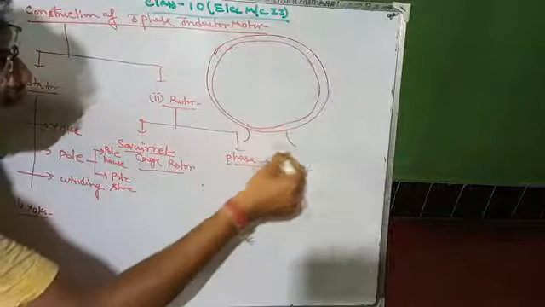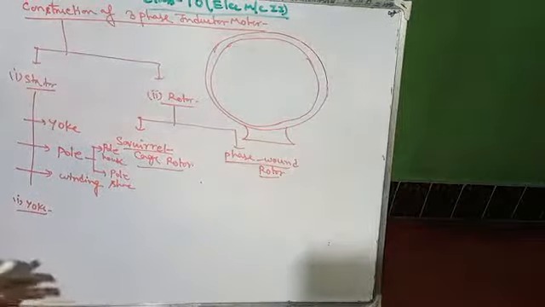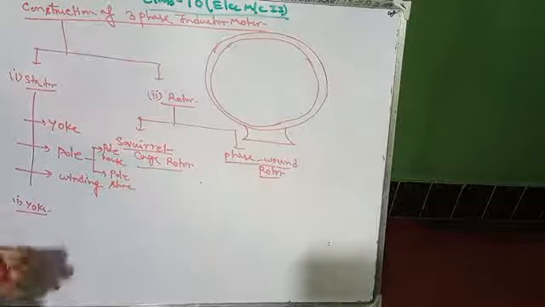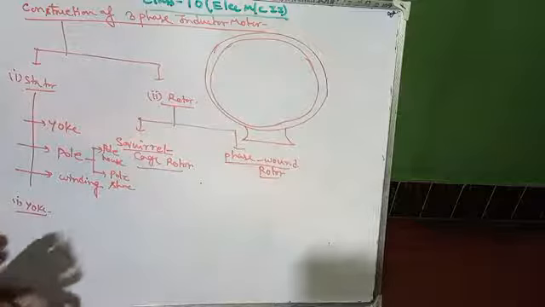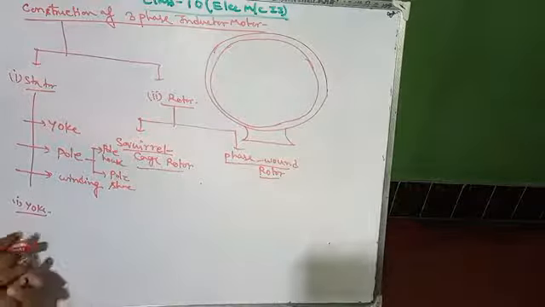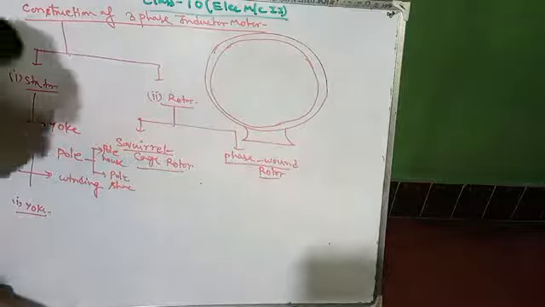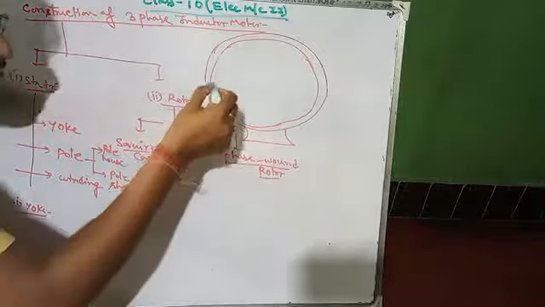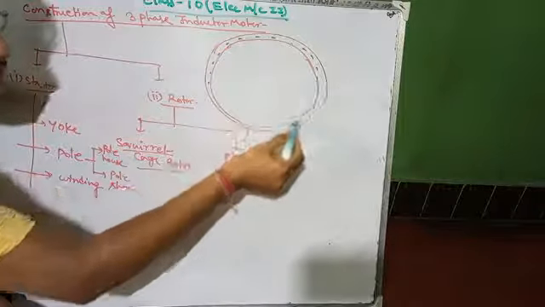This is your yoke. As well as that, and this is the most important point of the yoke, it provides a magnetic flux path through it. That is, the magnetic flux can easily flow through this path.